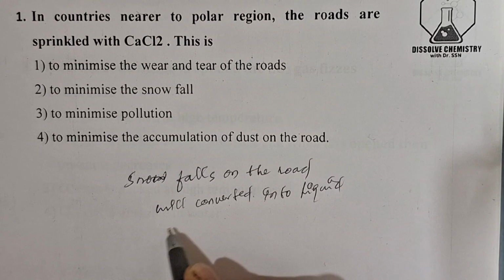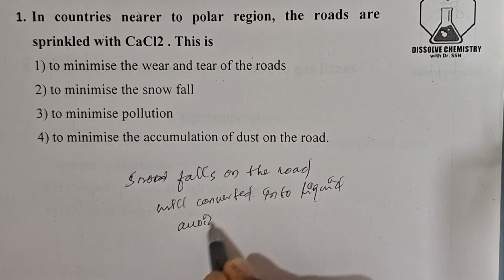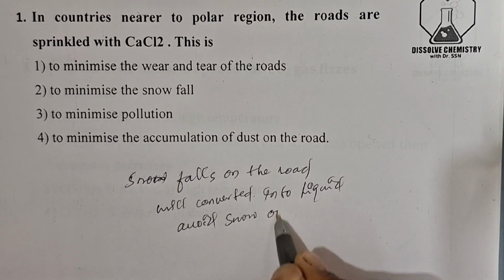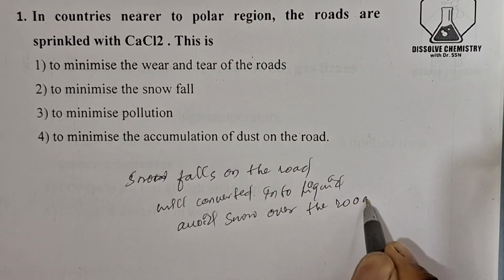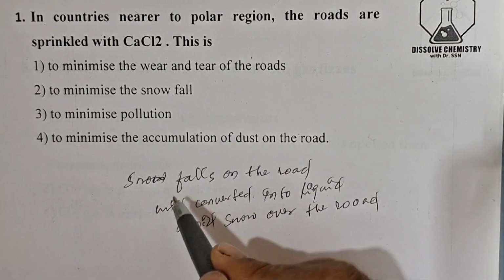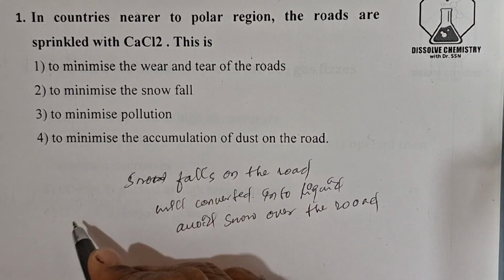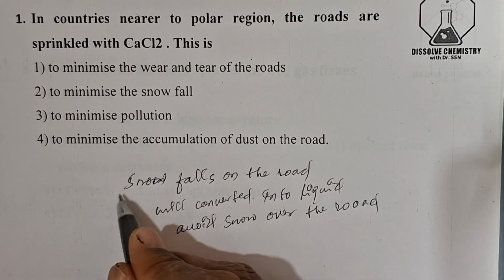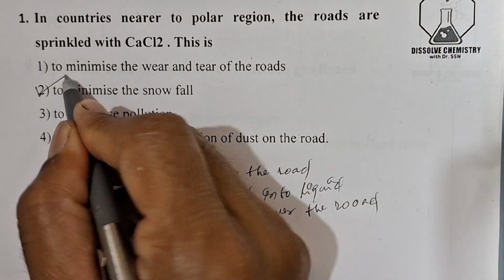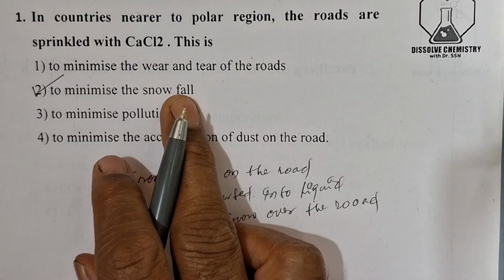Hence we can avoid snow over the road. Why does it happen? Because of the lowering of the freezing point of the water. Therefore the option will be 2, to minimize the snowfall on the road.